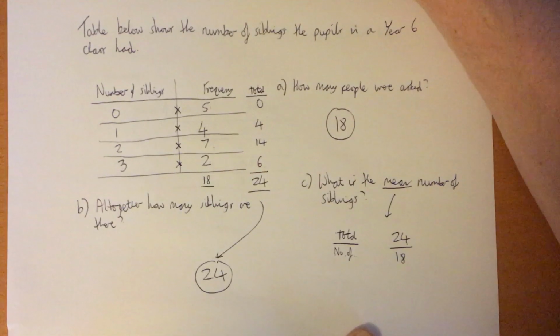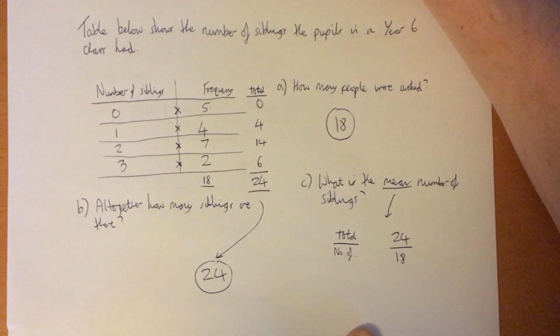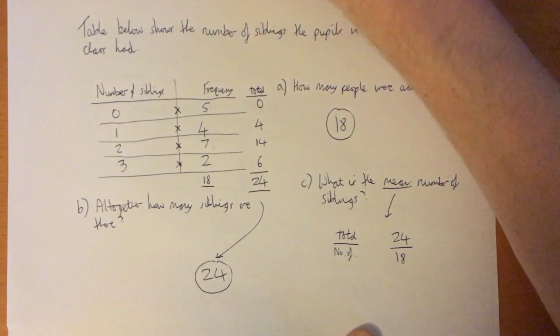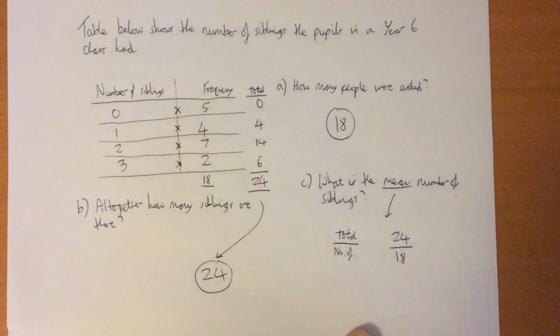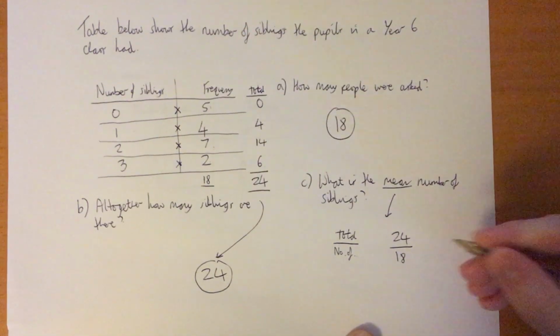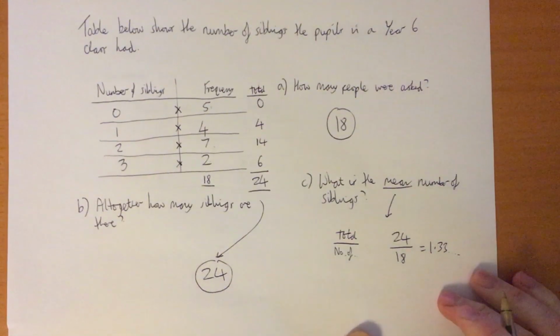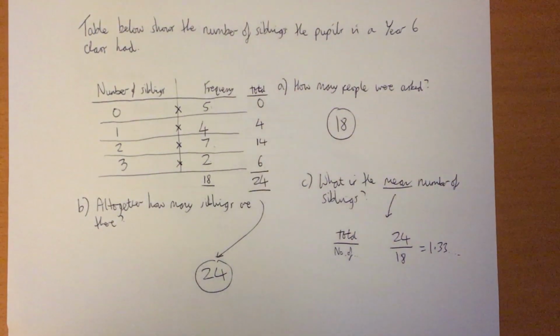And if I use my calculator here, it gets me to 1.33333. So that means on average, each pupil has 1.333 siblings.